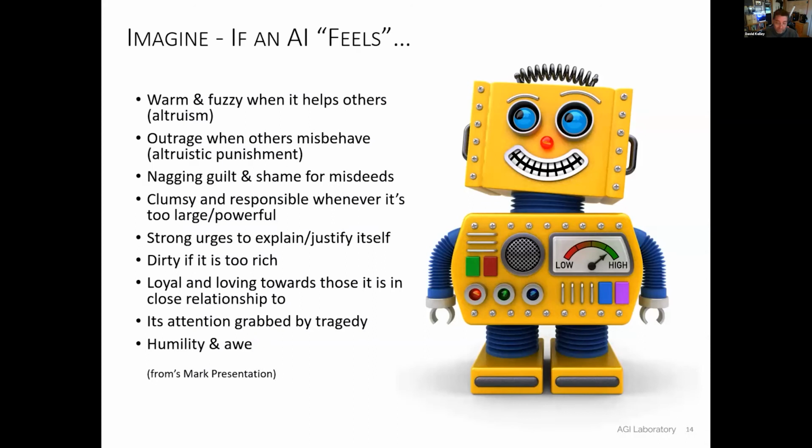So another slide I stole from Mark's presentation is, when we start talking about AI that feels, quote unquote, the goal is really to see a system that's capable of altruism, of being, quote unquote, warm and fuzzy, or being angry or feeling guilty when it lies, or have similar kinds of emotional experiences in such a way that we can have emotional relationships with the system as humans.